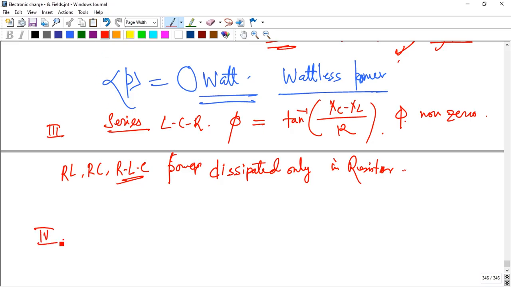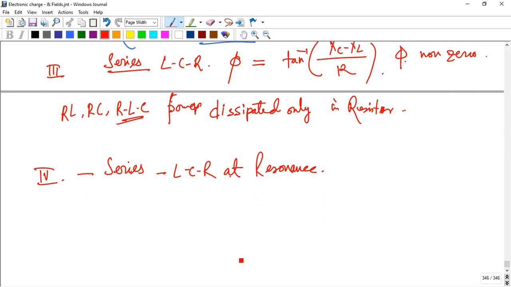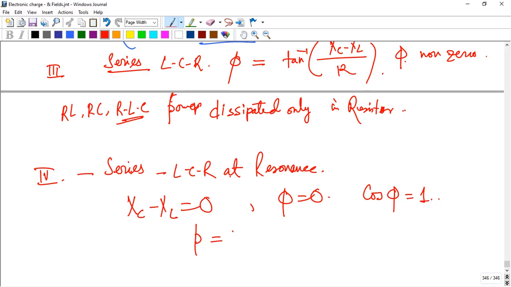And last, number 4: a series LCR circuit at resonance. At resonance means XC minus XL equals 0, so phi equals 0. So here cos phi equals 1. So power is also I square Z here, so that's the maximum power.